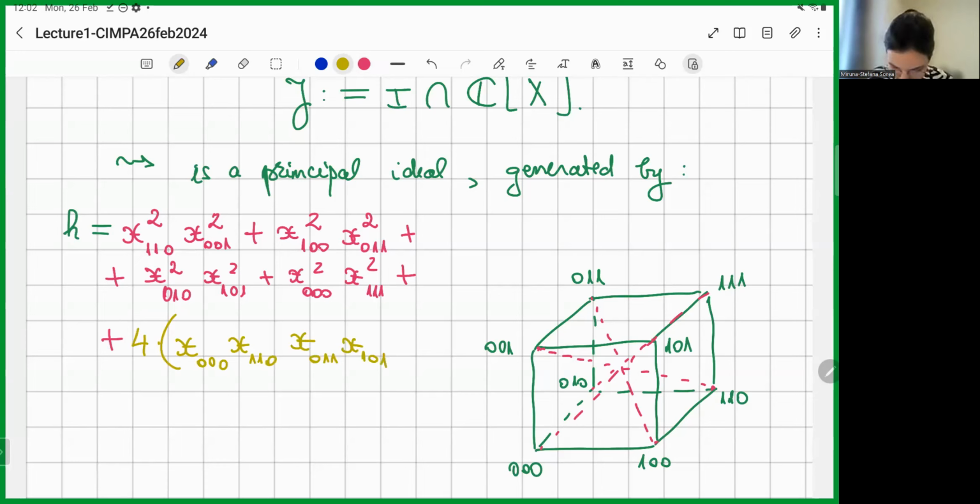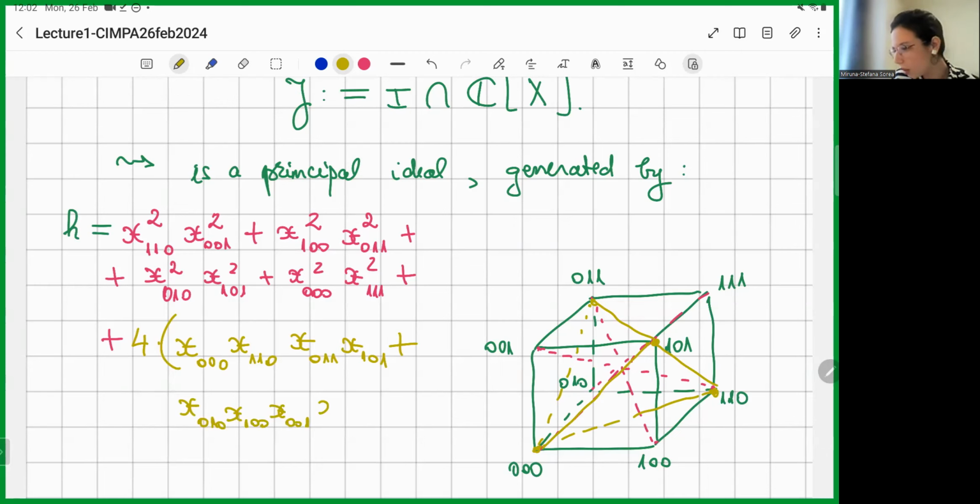If you check these 4 vertices, 000, 110, 011, and 101, these points give us a tetrahedron. And like this, we will have one more tetrahedron here, x010 x100 x001.